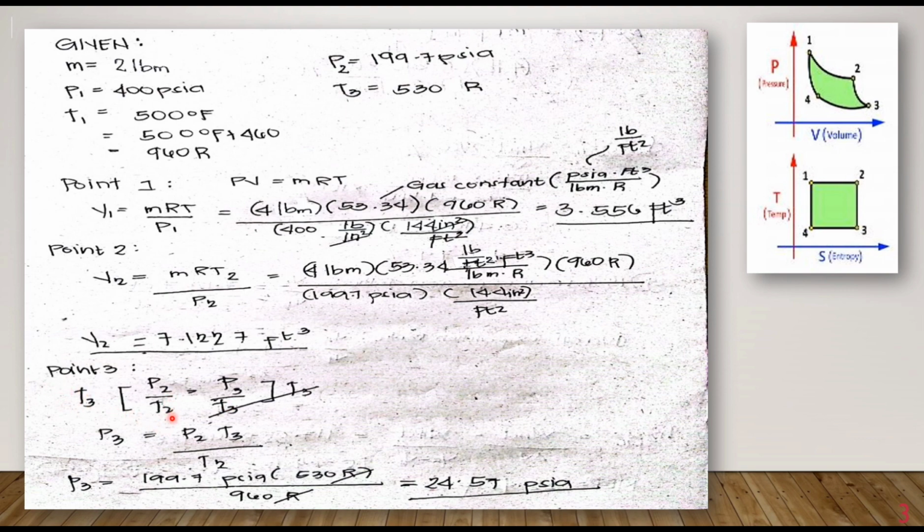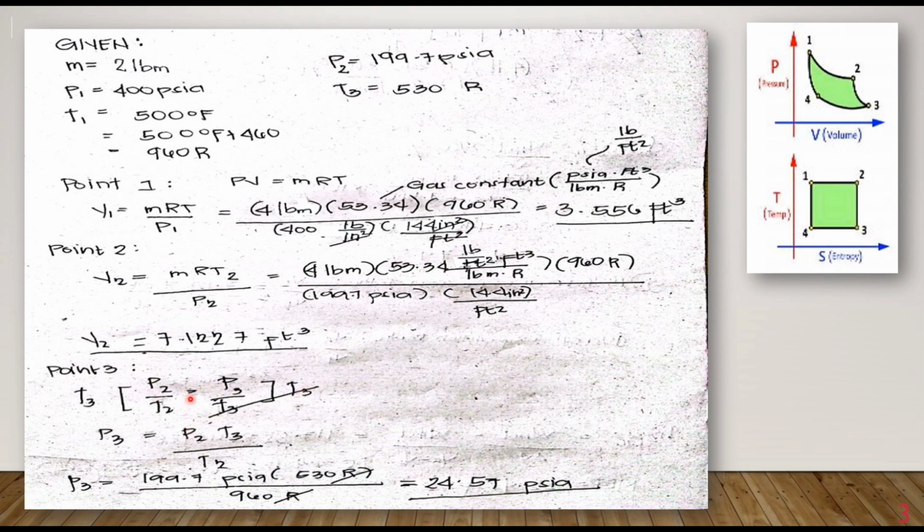And for point 3, we are going to use this formula: P2 over T2 equals P3 over T3. To solve for P3, we are going to multiply this formula by T3 so that we can cancel T3.